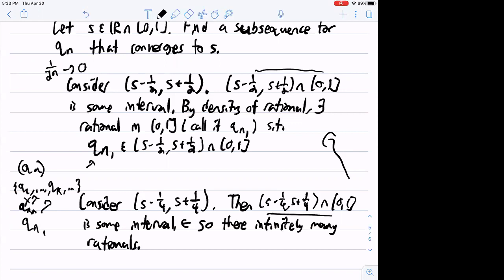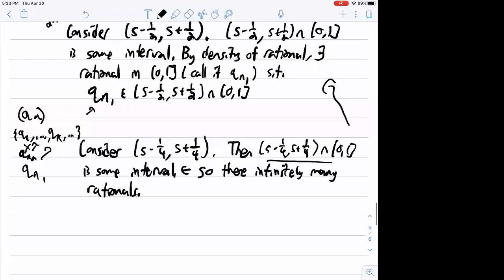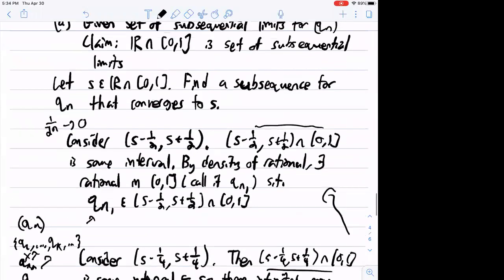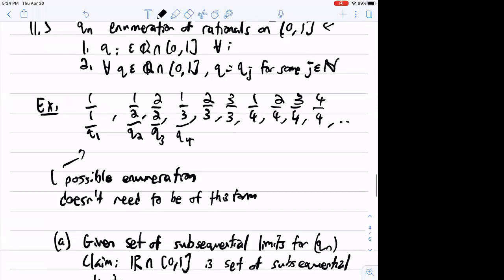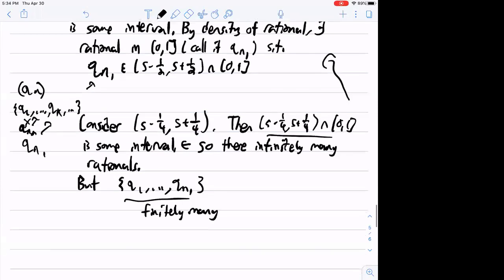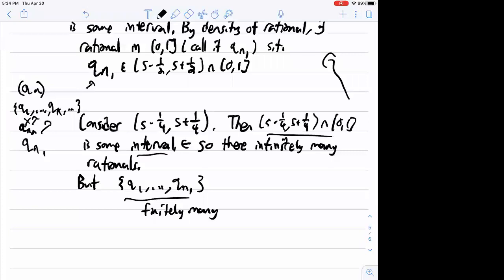An interval has infinitely many rationals. But if you consider all elements Q1 all the way to Qn1, this is only finitely many, right? And this interval has infinitely many rational numbers. And we know from above it's an enumeration, right? So you must hit every rational number in this interval. There's infinitely many, and there's only finitely many here.